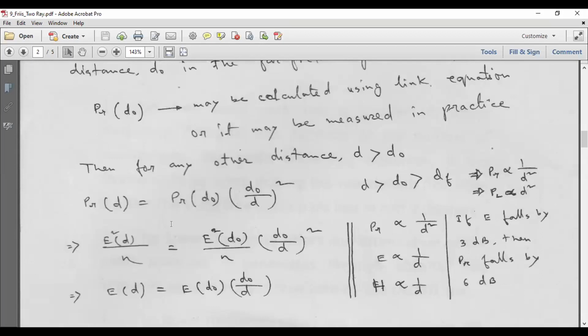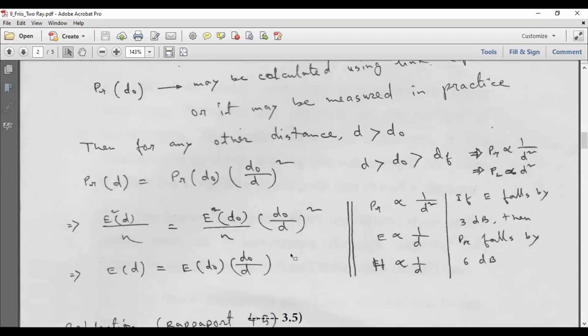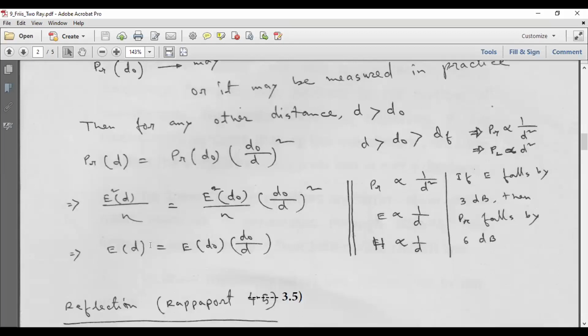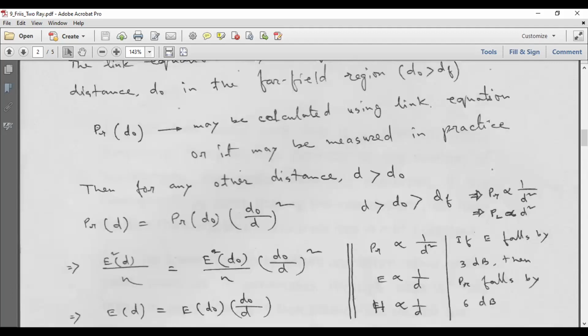Now if you want to calculate using electric field, then earlier we showed that the power has an expression E square by eta for a plane wave. So the same thing we can also do for the reference distance.